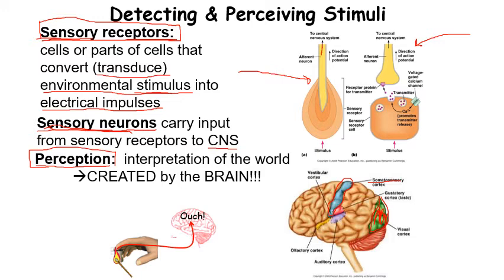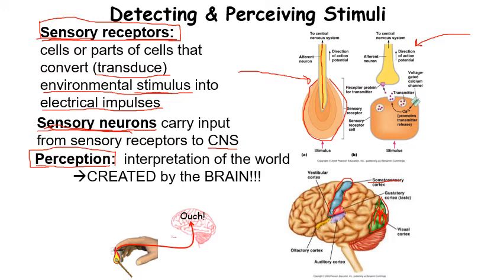Here we actually have the dendrite of the sensory neuron, and it's encapsulated in this specialized capsule. Okay, but the receptor is the dendritic end of the sensory neuron and this specialized capsule. So that is one setup for these sensory receptors.